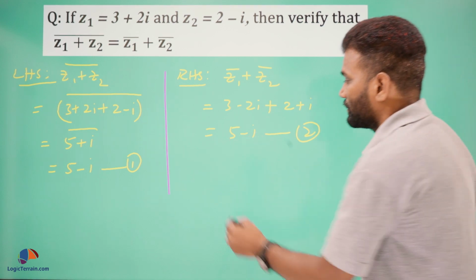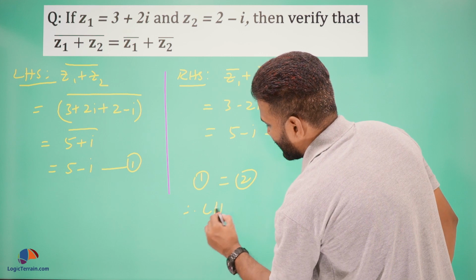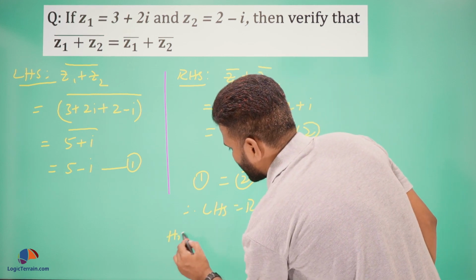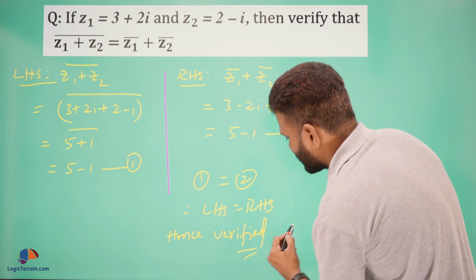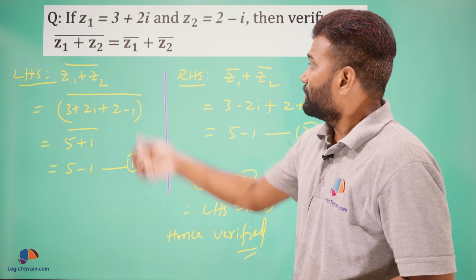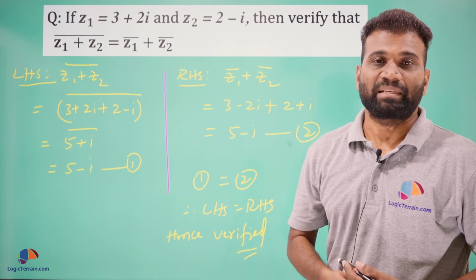So from 1 and 2, we got 1 is equal to 2. Therefore LHS is equal to RHS, hence verified. Therefore the conjugate of Z1 plus Z2 is equal to the conjugate of Z1 plus the conjugate of Z2 for all complex numbers.